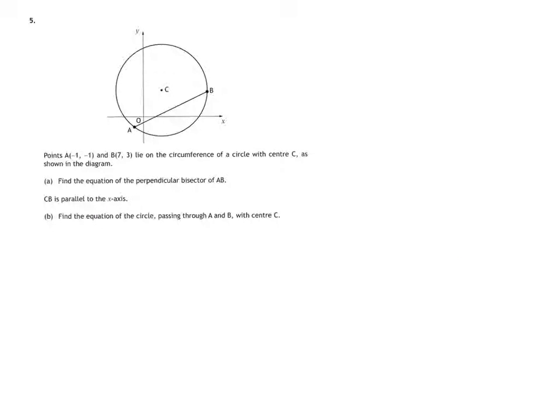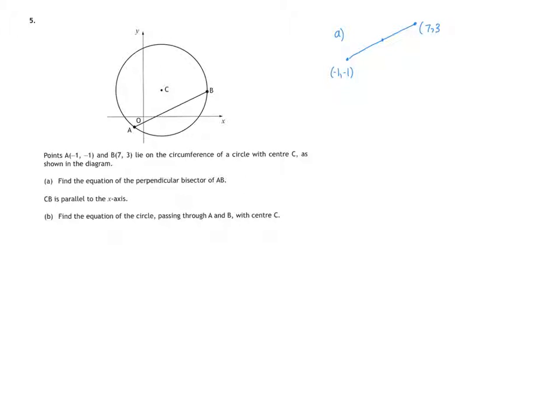Okay, so question 5, we have to find the equation of the perpendicular bisector of AB. So we have to find the midpoint. Personally, I find the easiest way to find the midpoint is using the stepping out method. We've got -1, -1, and we have 7, 3.